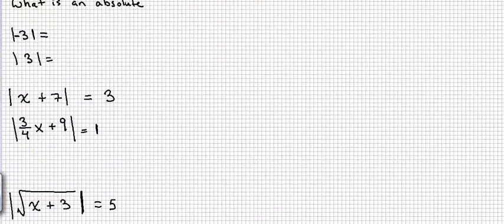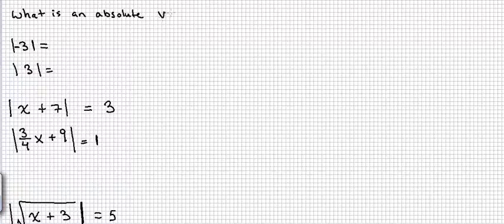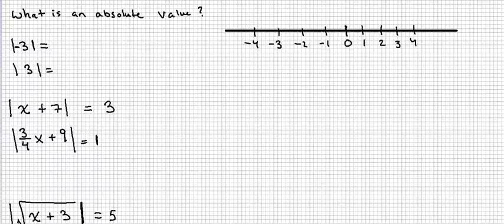Okay, what is an absolute value? Well, an absolute value is a number's distance from 0. And what that means is essentially anything in the brackets, we're going to take its distance from 0. So if I was to look at where negative 3 fell on a number line, it would fall right here.